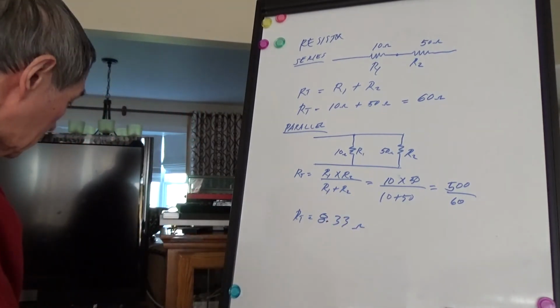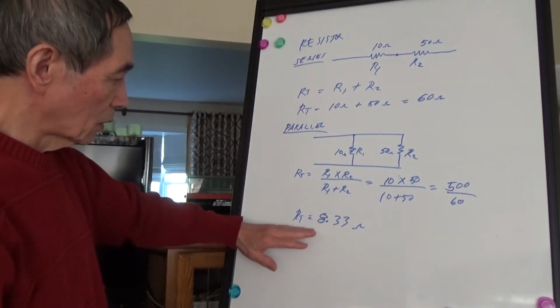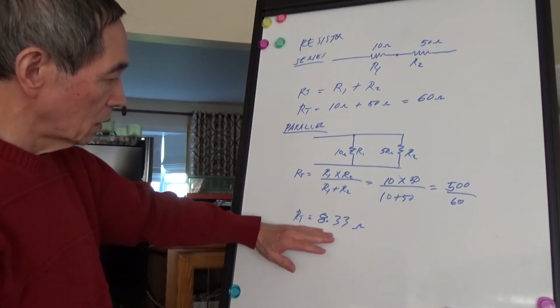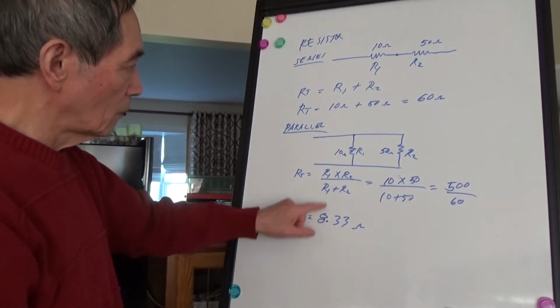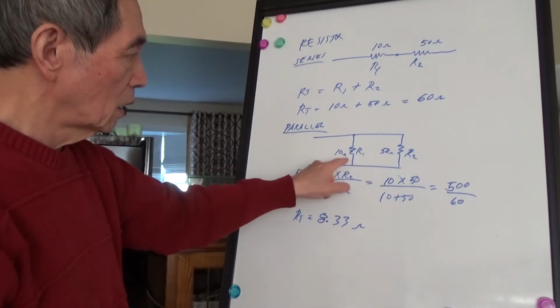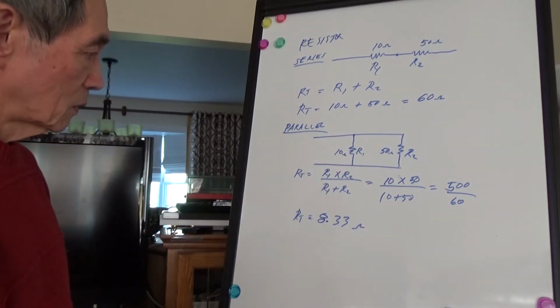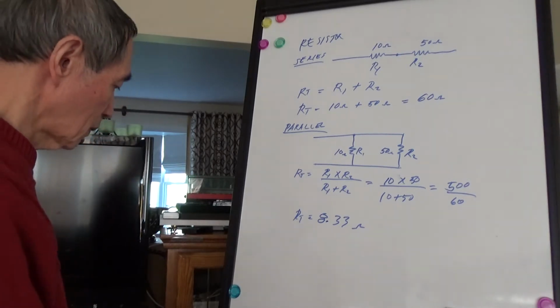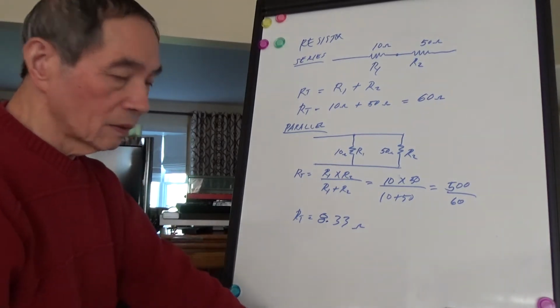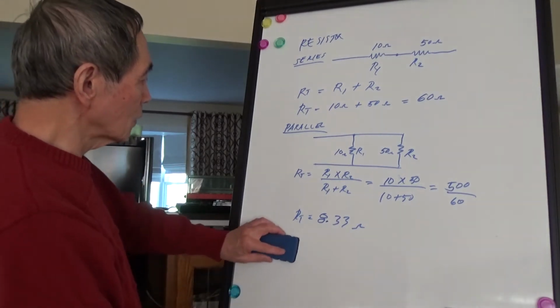One thing you would notice is the resultant resistance is always smaller than any of the original resistors. Okay, that's for the resistor.